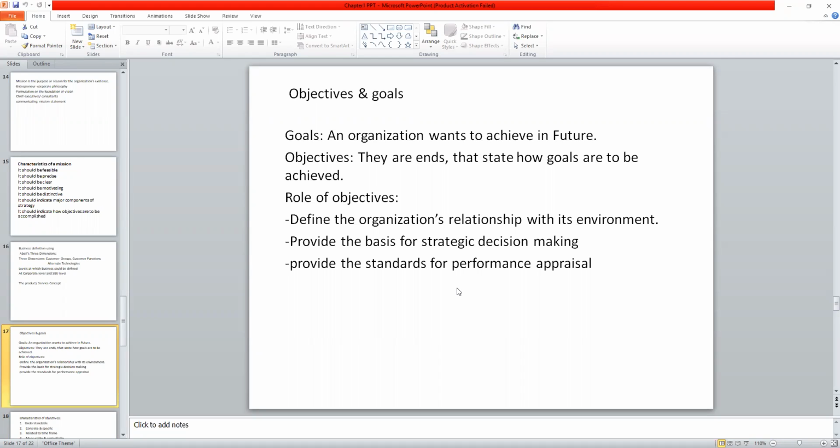We say that vision is a much broader single statement, and mission statements may be the reflections, maybe with reference to strategic business units. But when it comes to objectives, there are long-term objectives as well as short-term objectives or targets which the company thinks of achieving.